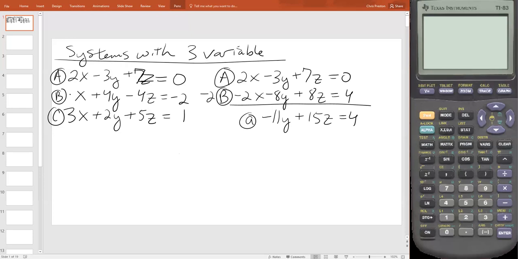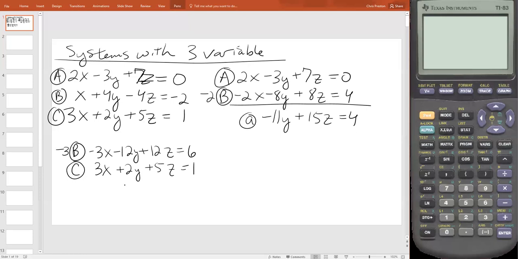So we're going to go back, and this time we're going to get rid of x again. And we have to use a different pair of equations than we've already done. So we did A and B, so we either need to do A and C or B and C, and get rid of whatever variable we got rid of the first time. So I'm going to do B and C, and this time I'm going to multiply B by negative 3, and I'm going to leave C as C. So that's going to be negative 3x, negative 12y, positive 12z equals positive 6, and then C we're going to leave the same.